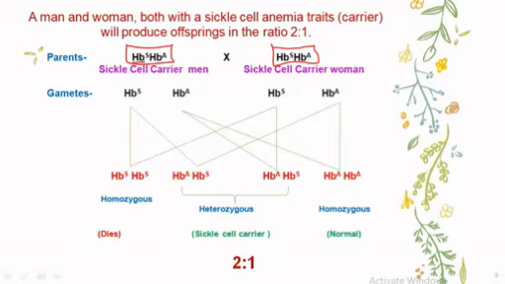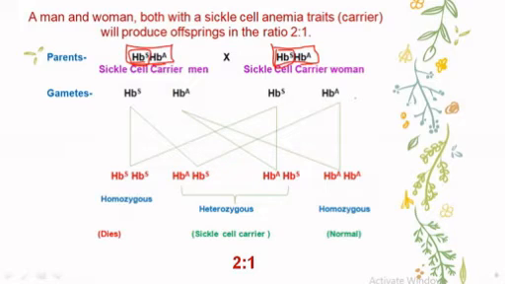HbS. So here you can see this is the normal hemoglobin HbA allele, and HbS is the sickle cell anemic allele. So both parents are sickle cell carriers, a carrier man and a carrier woman, means both have such trait and they may produce offspring with sickle cell anemia.